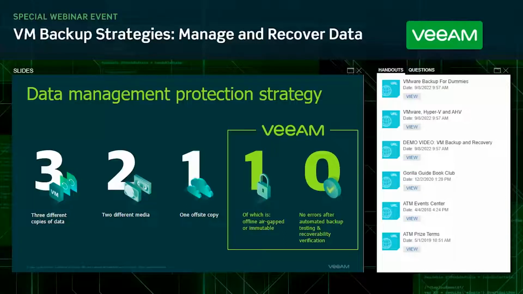So it's really 3 different copies of your data on 2 different media and at least 1 off-site copy. That's your production and then your local backup, and then pushing a copy somewhere else, whether it's to the cloud somewhere, or maybe you have a server in your closet at home you want to keep a copy at. Just as long as you have another copy somewhere else is really all anybody's concerned with.